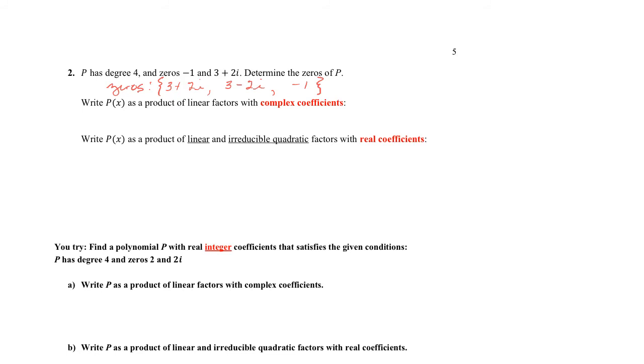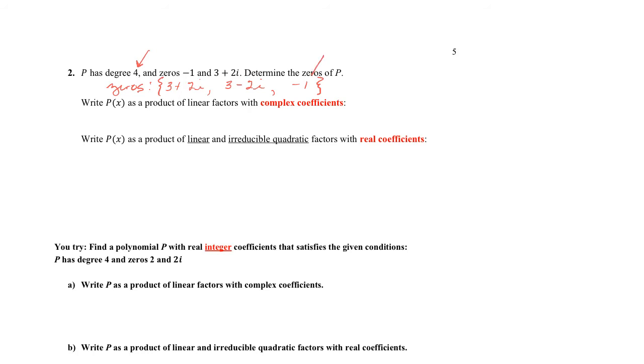Now, I'm told this is a degree 4 polynomial, so that's going to come into play in just a second. If I know that 3 plus 2i is a zero and 3 minus 2i is a zero, remember if it's degree 4, then I have to have 4 separate factors. And so one of these must be to the second degree.